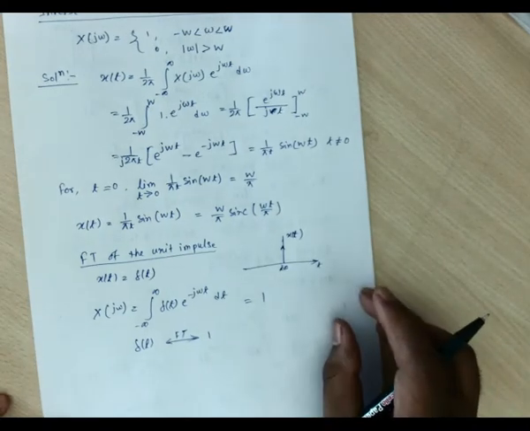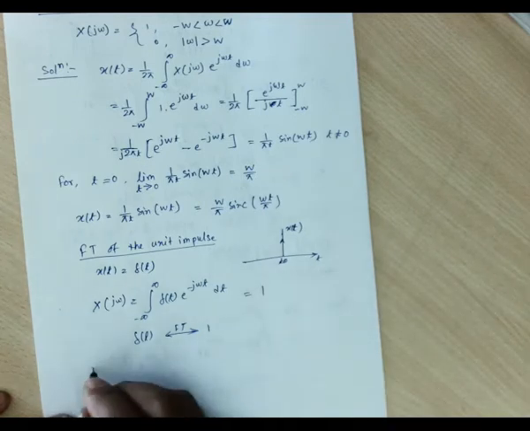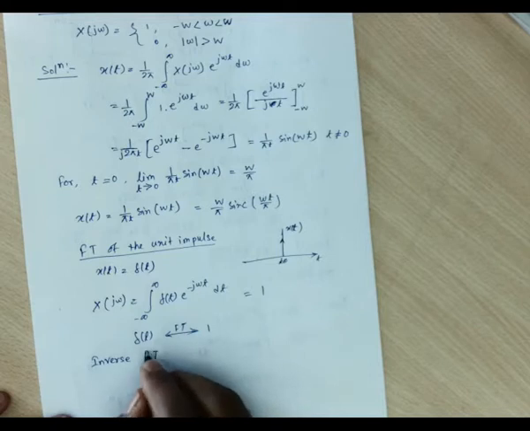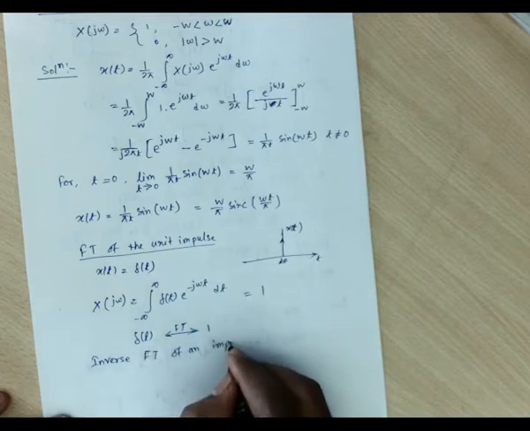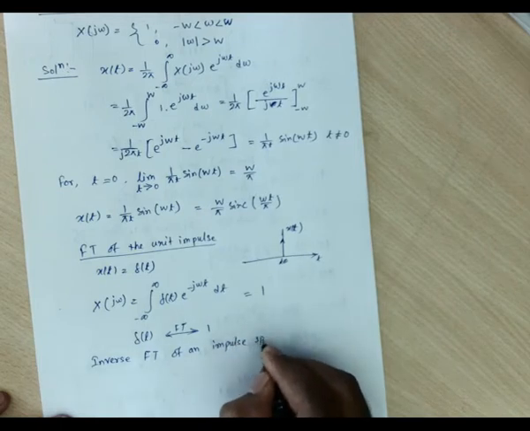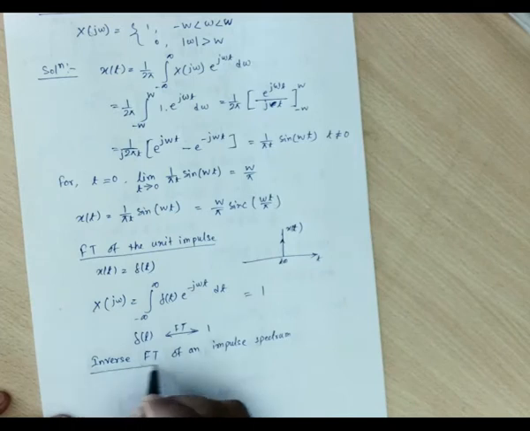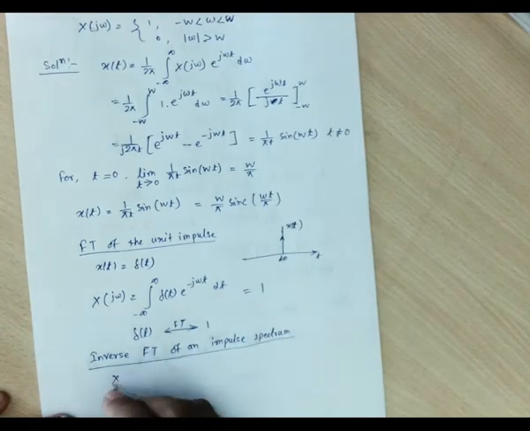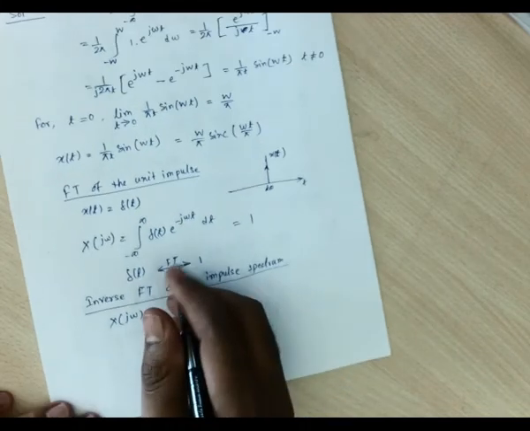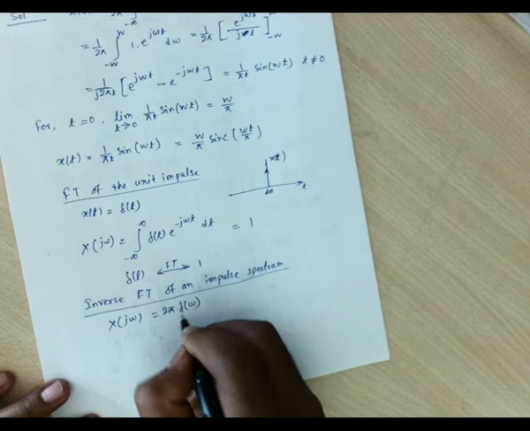Next, if we go with the inverse Fourier transform of this impulse spectrum. One we have been taking in the time domain, another in the frequency domain. So x of j omega is given as 2 pi del of omega.